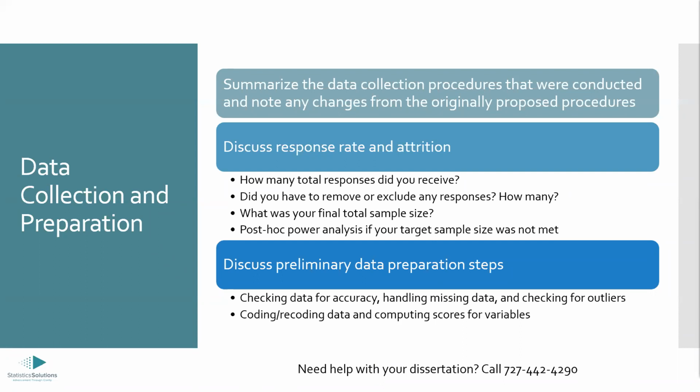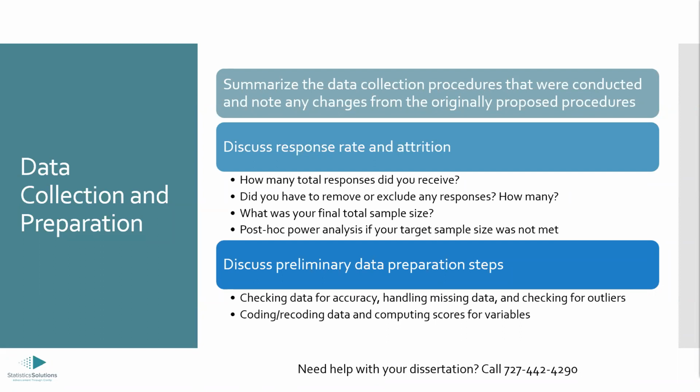So especially if you're doing a survey study and you had people fill out paper and pencil surveys and you had to manually enter those responses into an electronic spreadsheet, it's important to check that data for accuracy to make sure that you don't have any data entry errors.